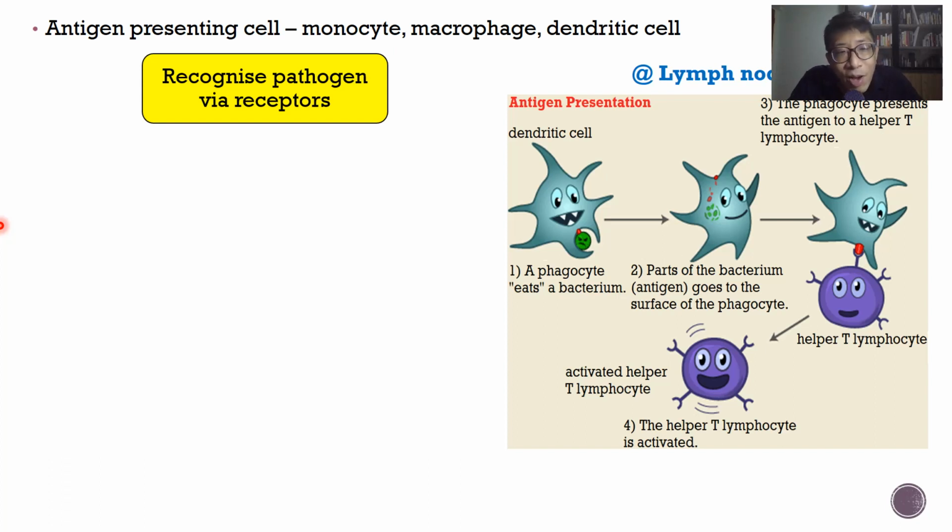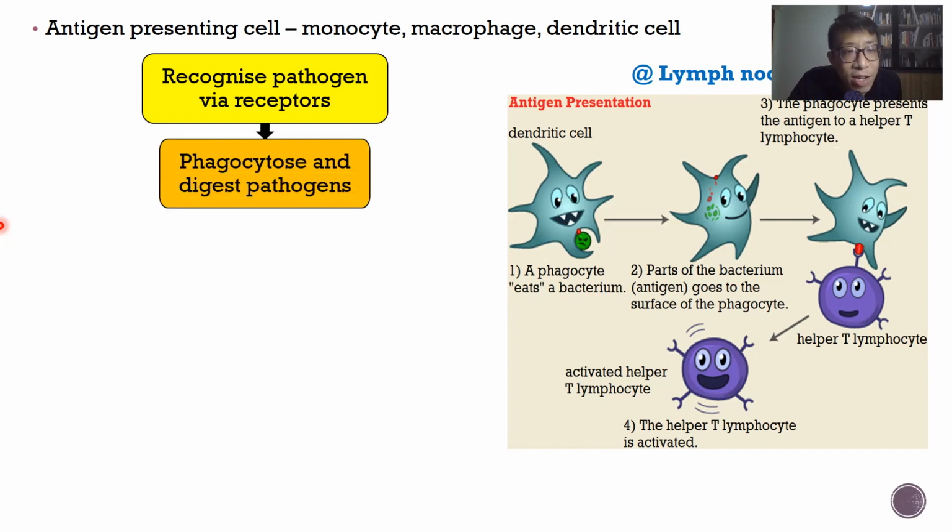The recognition is not specific, but nonetheless, there is recognition, and they will know that there is presence of pathogens. Then they would go on to phagocytose the pathogens and digest them. That is shown here by the eating of the bacterium by this dendritic cell.